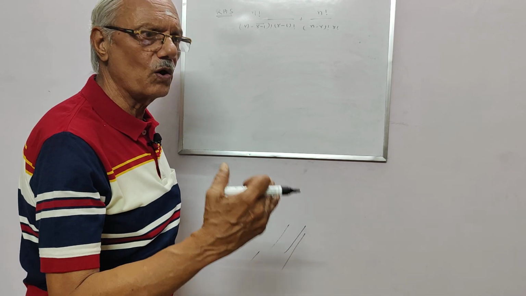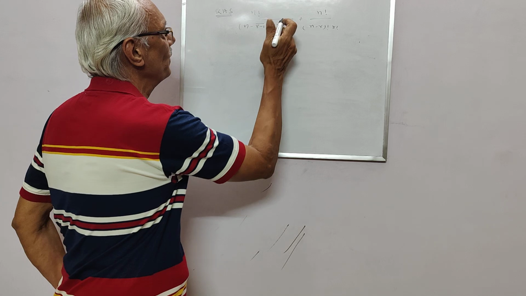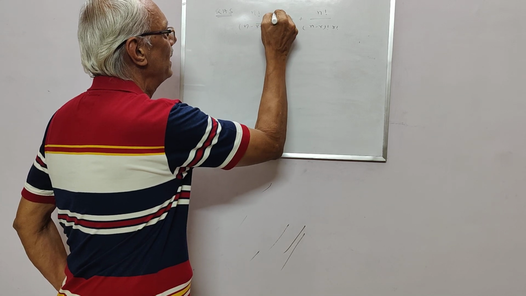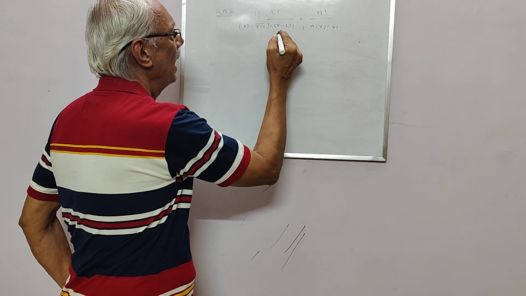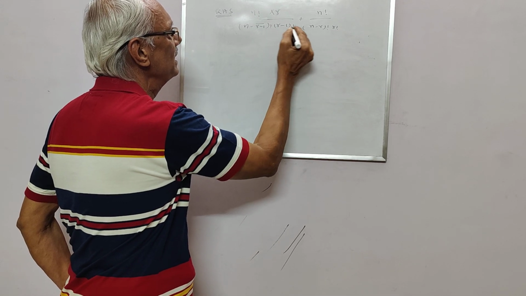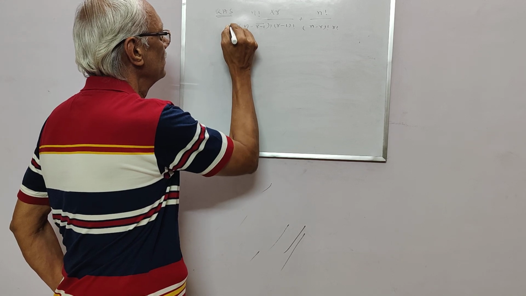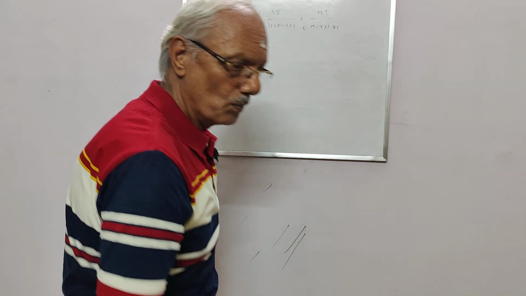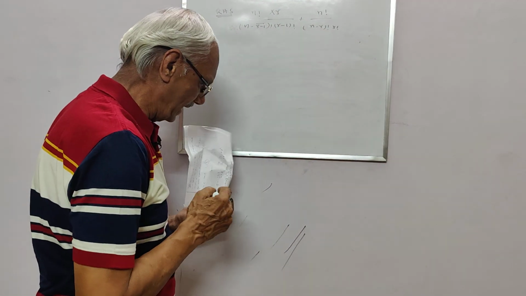So you can write it as r minus 1 factorial into r. So this is r minus 1 factorial. Multiply this by r, and when you multiply this by r, you multiply this also by r. You multiply both sides by r. So what have I done here?